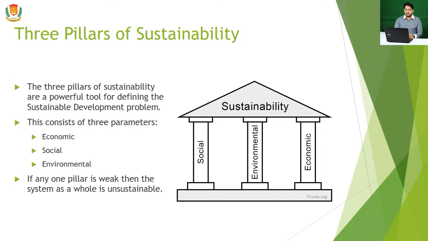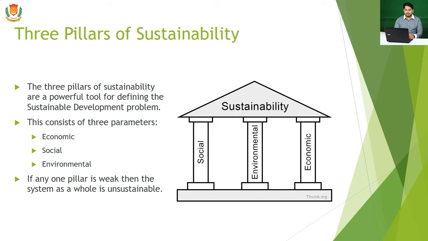As you can see on the screen, the 3 pillars are the 3 parameters of sustainable development through which sustainable development can be achieved. The 3 pillars are social pillar, environmental pillar, as well as economic pillar. So social, environmental, and economic.